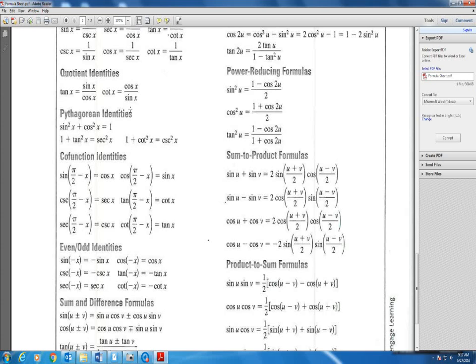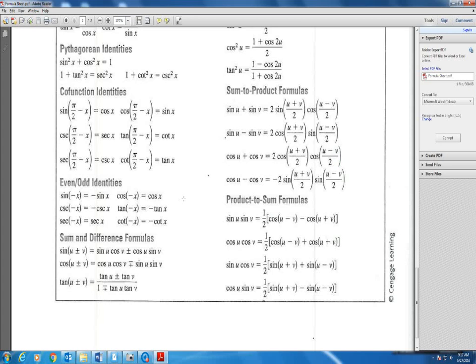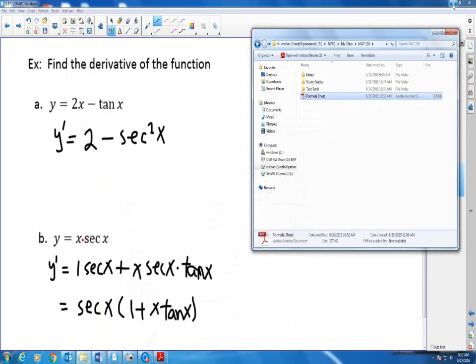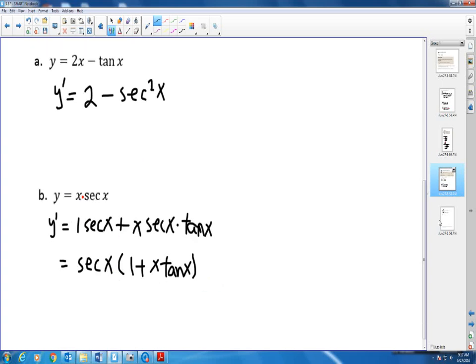If you ever run into a problem like this and all of a sudden your math professor whips something out of nowhere, that has a lot to do with these identities. That's in trig. It doesn't happen all the time, but it can happen. The whole purpose of it is to make you think even further. But not these. These answers, can't really do anything with them.